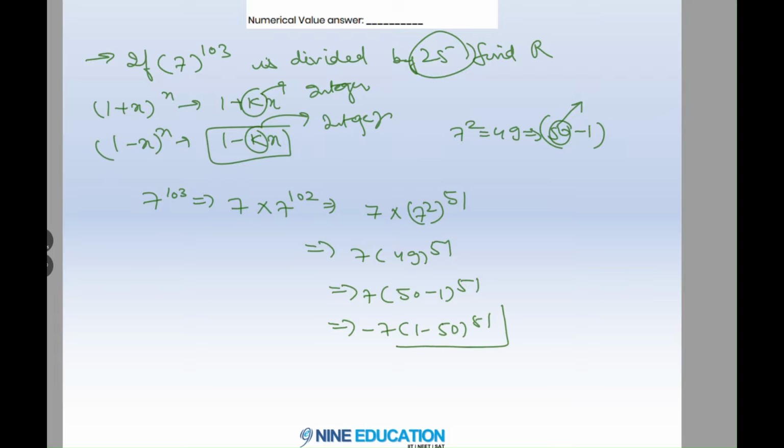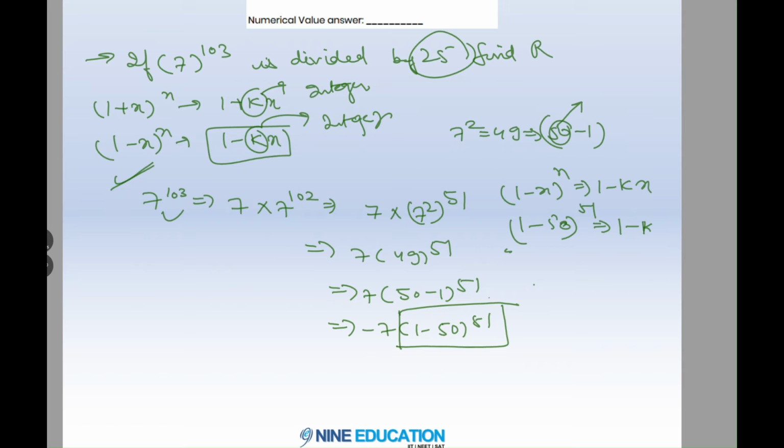Now if you compare this expression with (1 - x)^n, which is 1 minus kx, then (1 - 50)^51 can be written as 1 minus k into 50.